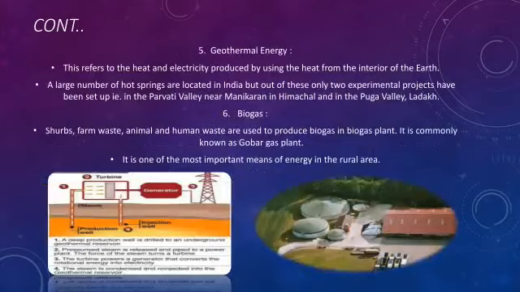Number 6, biogas. Shrubs, farm waste, animal and human waste are used to produce biogas in a biogas plant. It is commonly known as gobar gas plant. It is one of the most important means of energy in the rural areas of India.